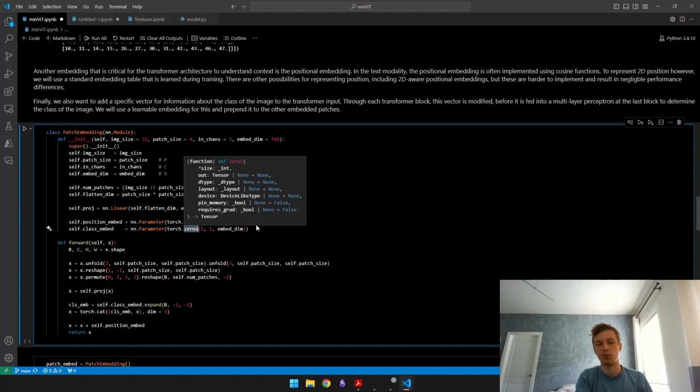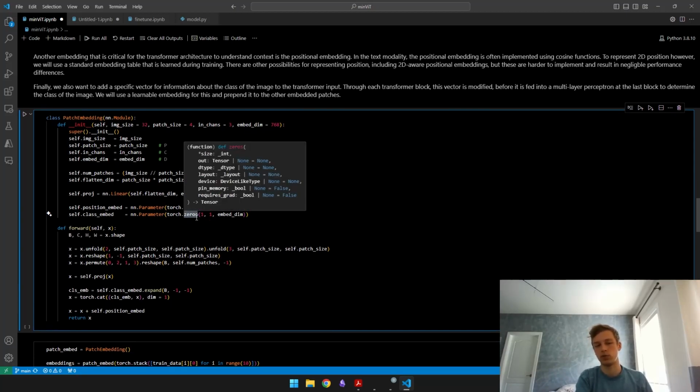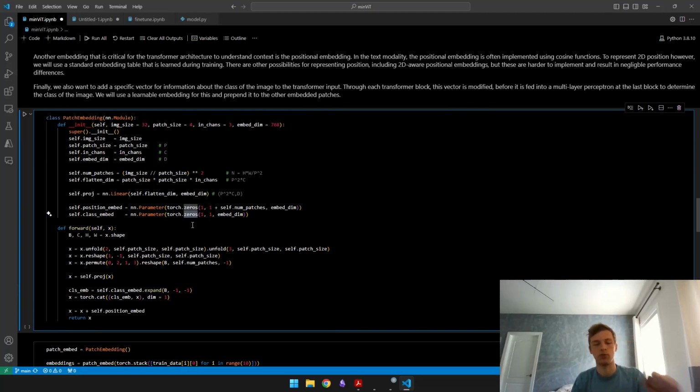Random might be preferable, but just for demonstration, I'll use zeros, a vector with zero values, of course. But this is also learnable, and the hope is that the transformer learns to add all the information it gains through each block and layer to this class embedding vector.